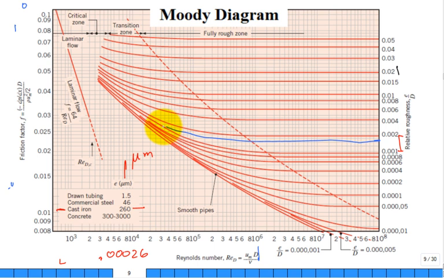And then what was my Reynolds number? 2.6 times 10 to the 4. Here is 10 to the 4. Here is 2 times 10 to the 4. It looks like right around here. All right, so I'll say they intersect right there. And we'll bring it over.